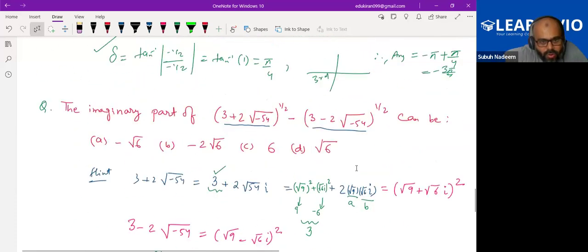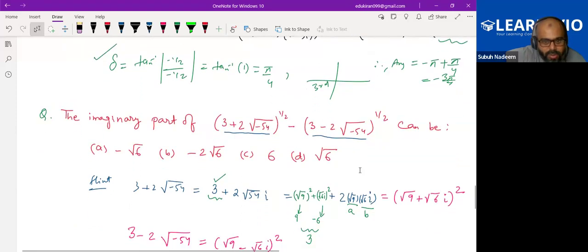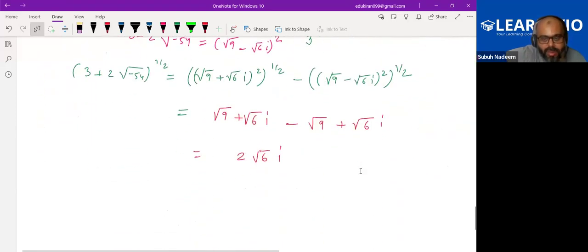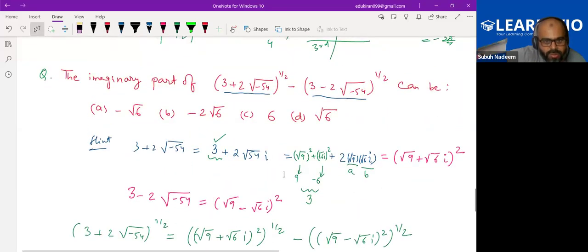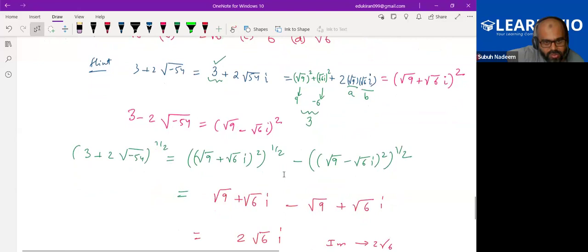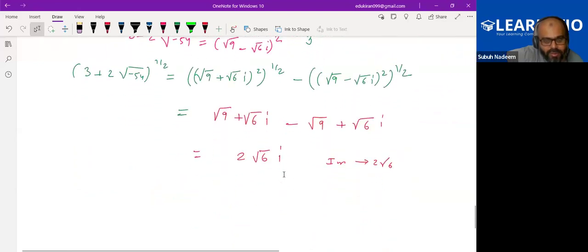So if we observe the imaginary part of this, the imaginary part is 2 root 6. So is there any such option? It is minus 2 root 6. Yeah, so minus also we can take.